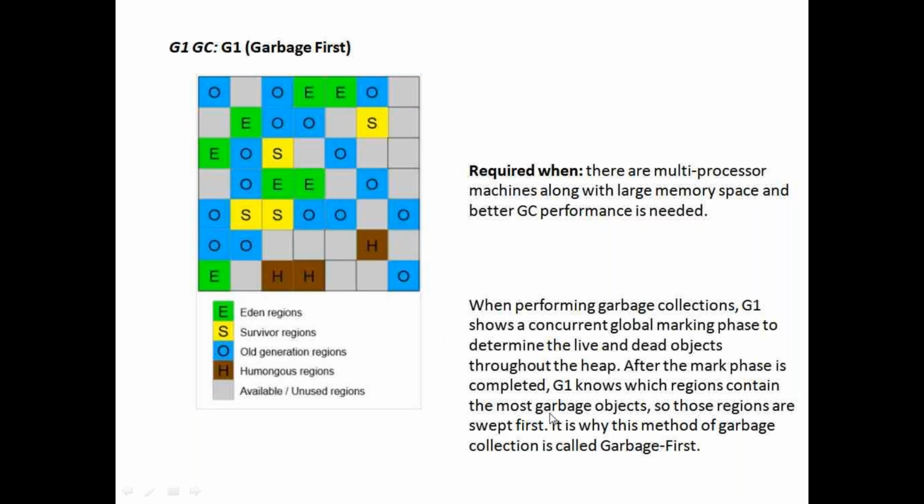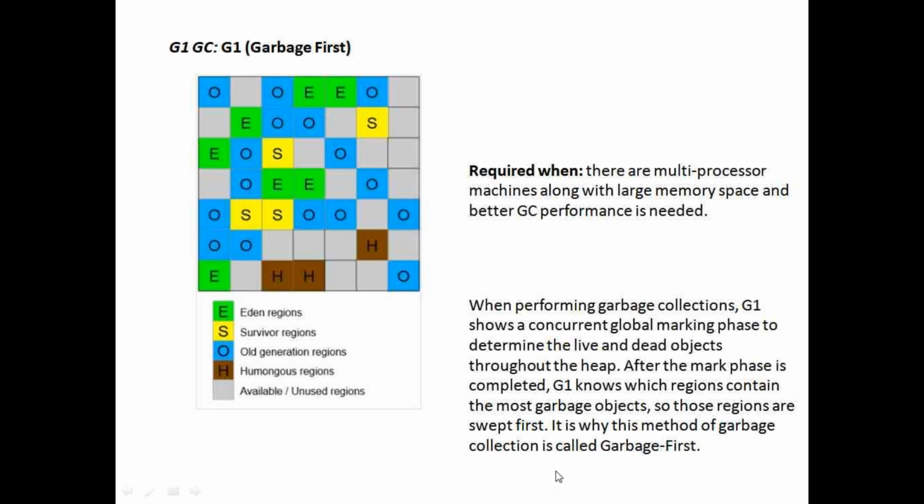After the mark phase is completed, G1 knows which regions contain the garbage objects. Let's say out of these, there are 5 Eden spaces, and this space has a lot of dead objects, and this space has a lot of dead objects.